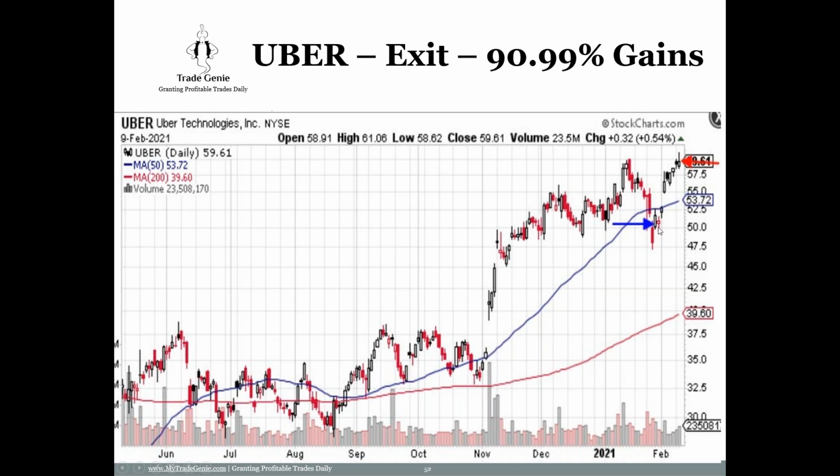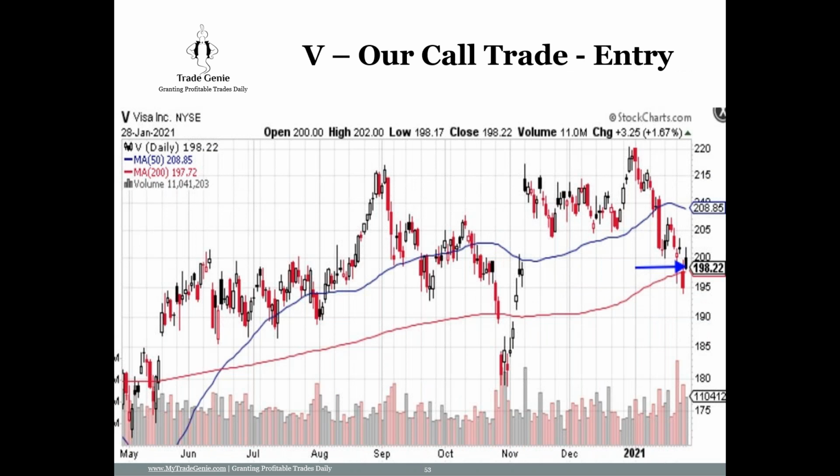Maybe I'm out, but if not, then it will do this. So based on experience, this simple logic, went long, 91% gain. Uber, maybe Lyft was moving at that time. Maybe there was news, economy opening, people are taking rides and all that. So whatever it is, there's something there.